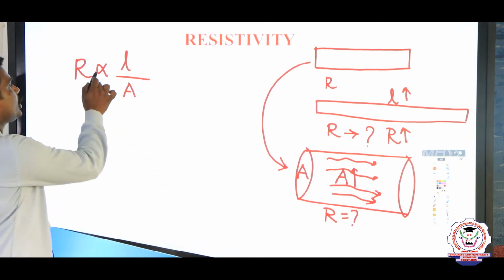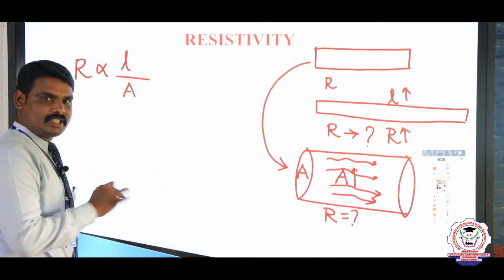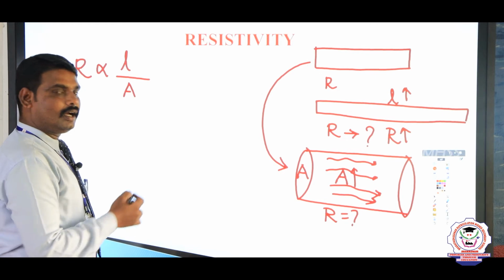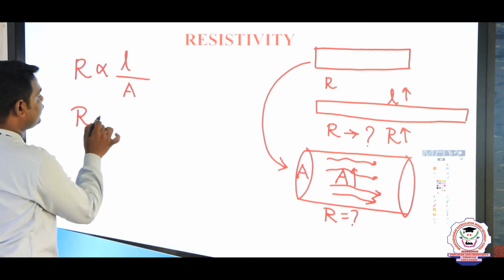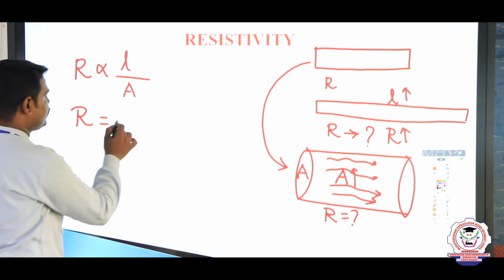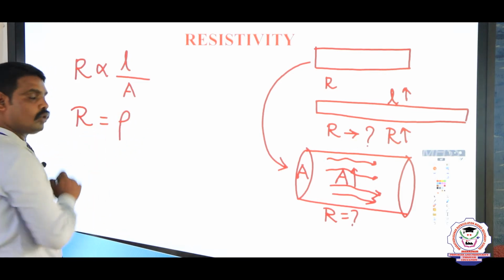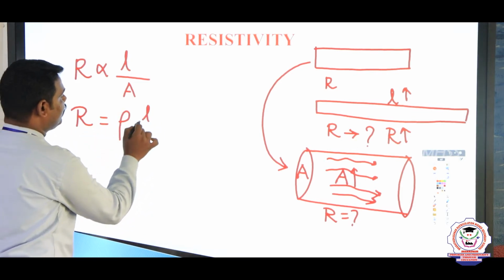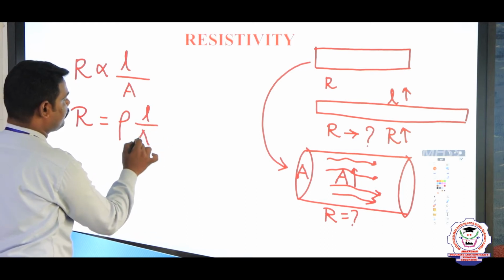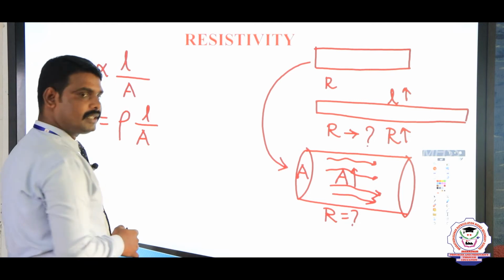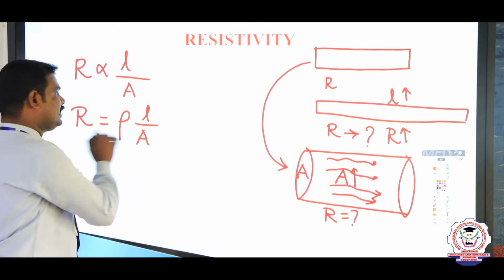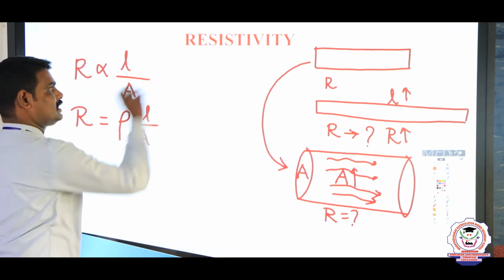I want to remove this proportionality, that's why I introduce one constant. So R is equal to the constant rho L divided by A. So this rho is nothing but the constant, right?